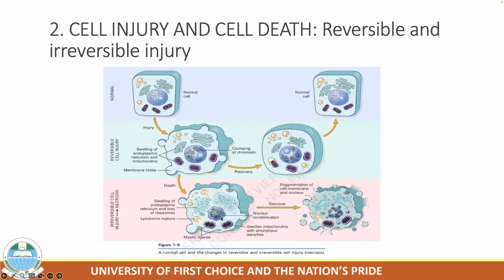And then you also have nuclear condensation. All of the nuclear material begins to condense into an irresolvable dissolution. And then you have the appearance of myelin figures, like I mentioned earlier on. And then, of course, the final stage of necrosis, which is death.